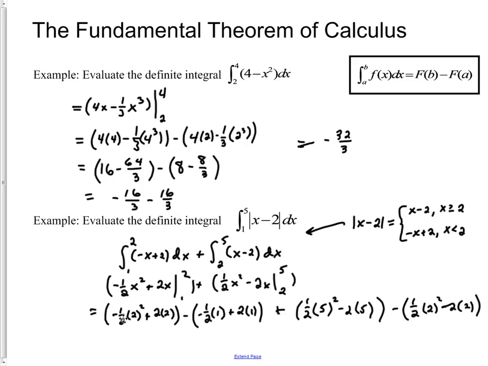Just a little bit of work right here shows that this is really going to be the quantity negative 2 plus 4 minus the quantity 3/2. 2 minus 1/2 is 3/2. Added to that, in this case our quantity is 1/2 of 5 squared.